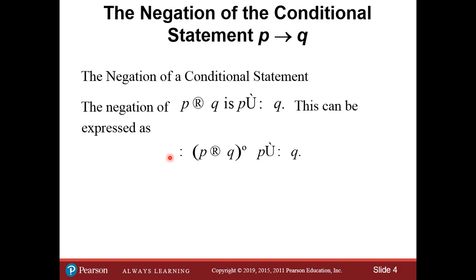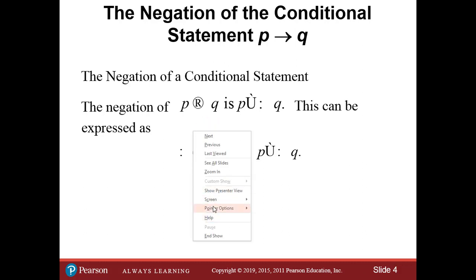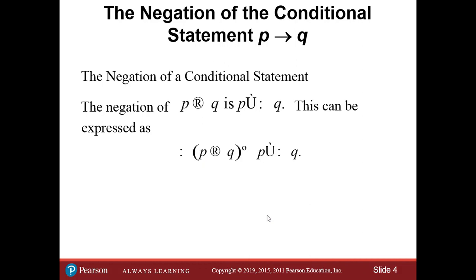Okay, now these are typos, so this is not what we're looking at. So the negation of this is going to be P and Q. Let me rewrite this, because I can't change the typo.